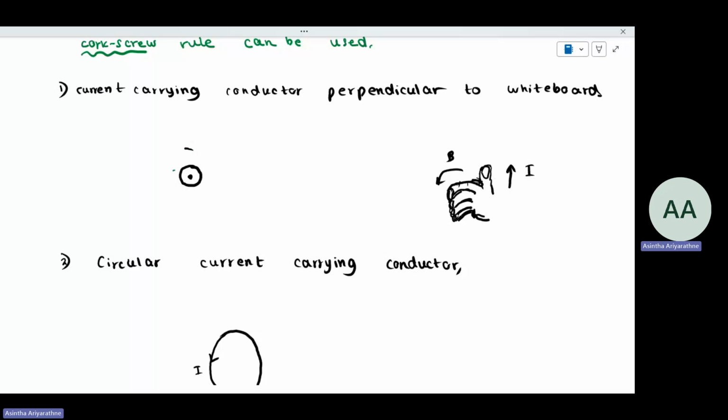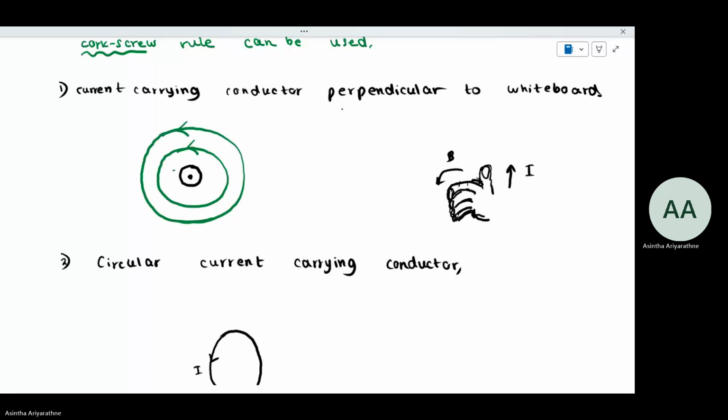So the direction of the magnetic field is anti-clockwise.